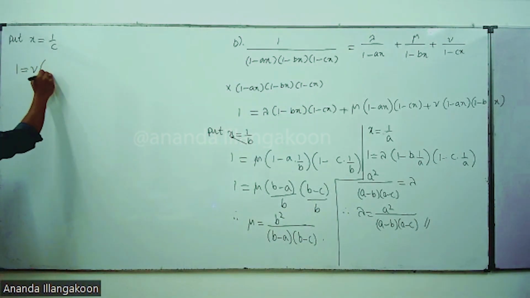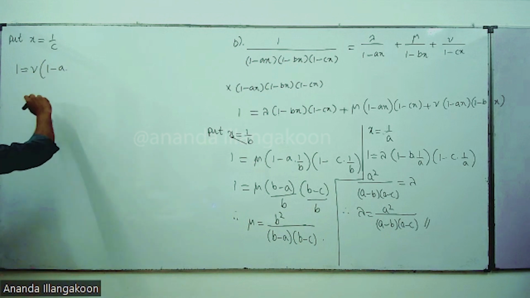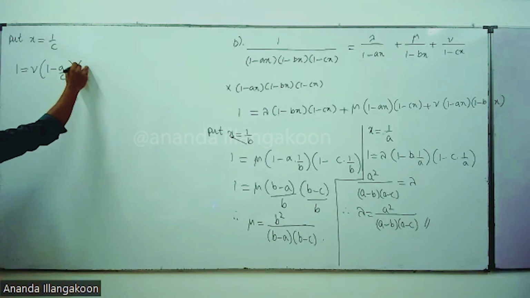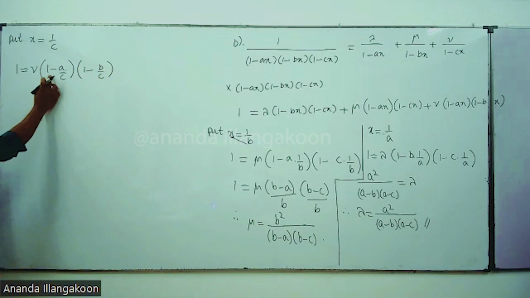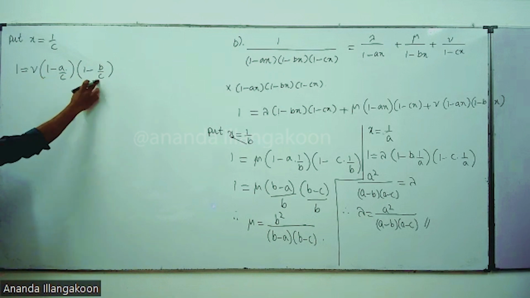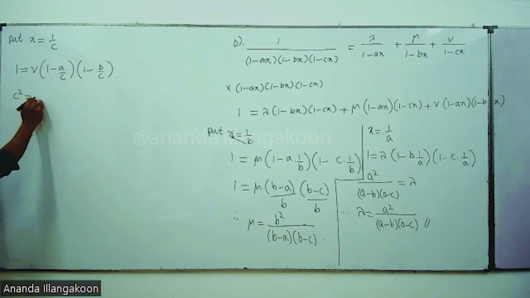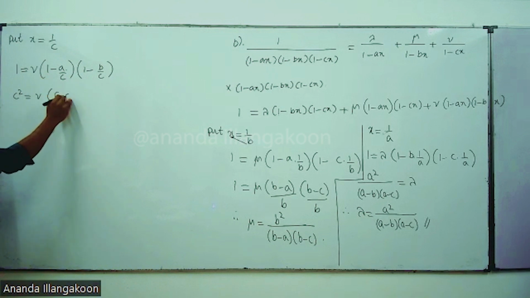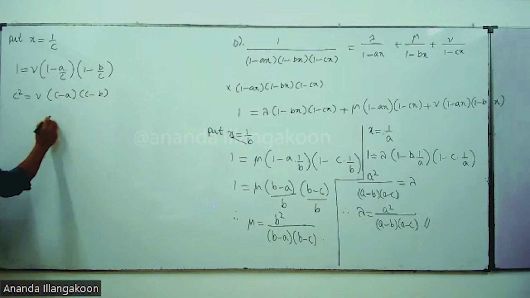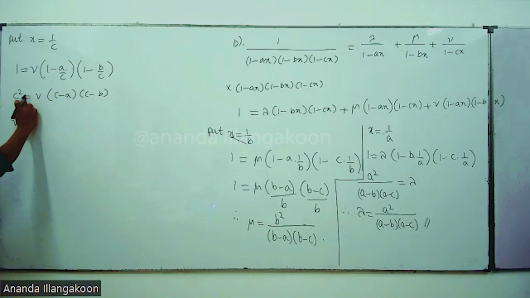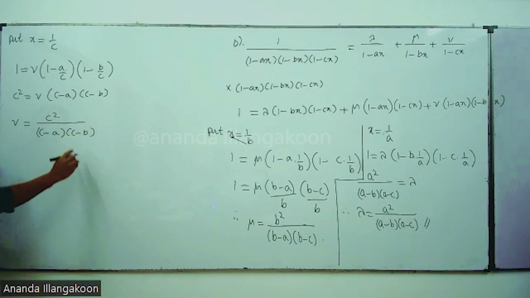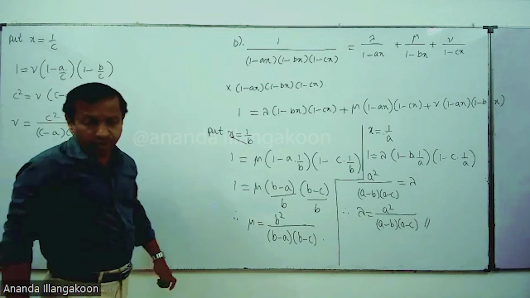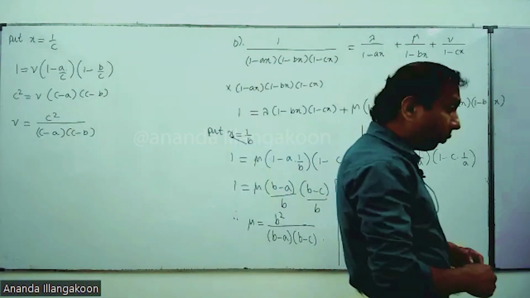Nu times 1 minus a times 1 over c, 1 minus b over c. Then here take the common denominator as c, we also have c and c, c squared, nu, this is c minus a, c minus b. Then for nu, bring the product here, like this. All right. Now we found lambda, mu, and nu.